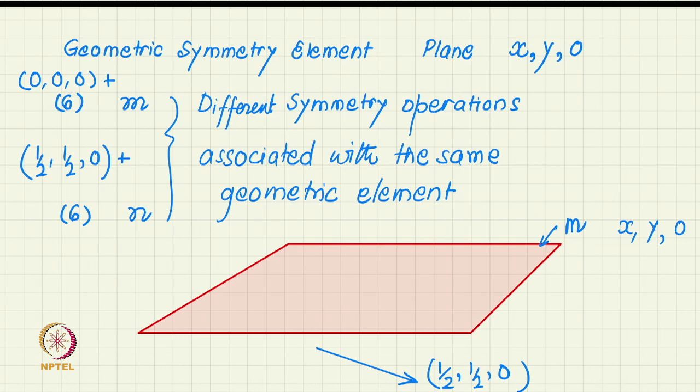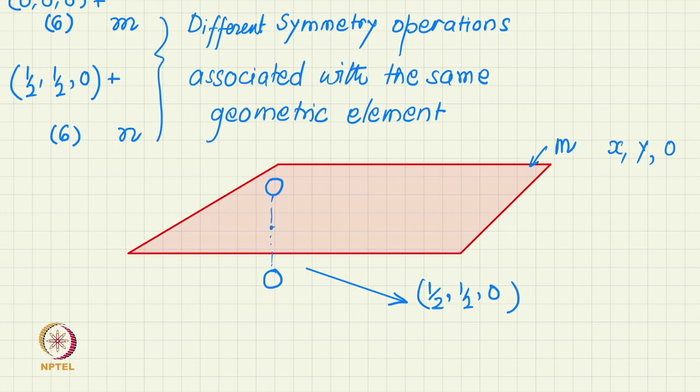So, if there is an object which is operated upon by the mirror, it reflects in the mirror and comes here, and then it translates by the translation vector, because the translation vector also is part of the space group. So, that will act. So, mirror is there, so you get that object.